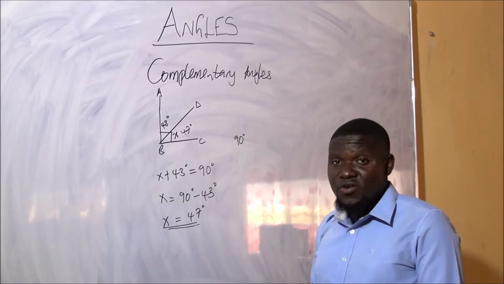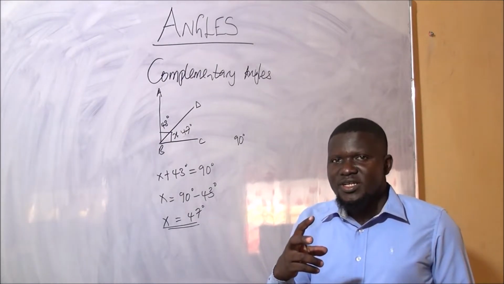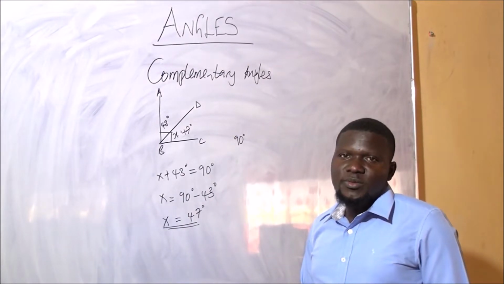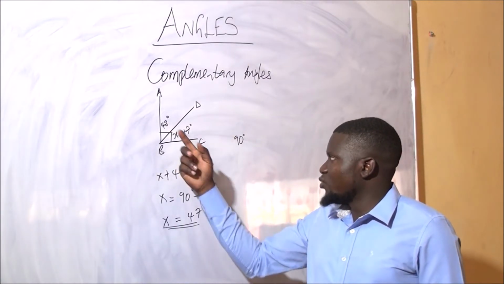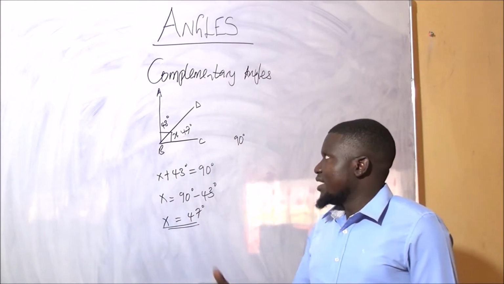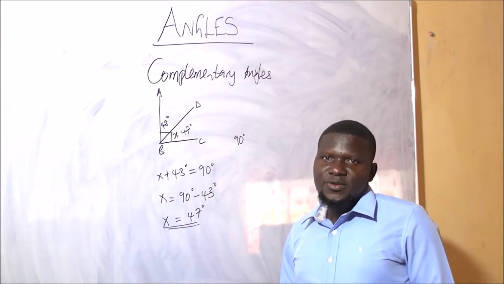So when you add the two angles, it must give us 90 degrees, which is a complementary angle.